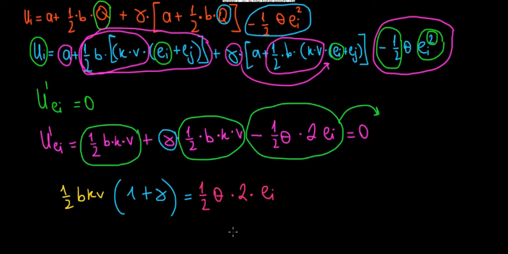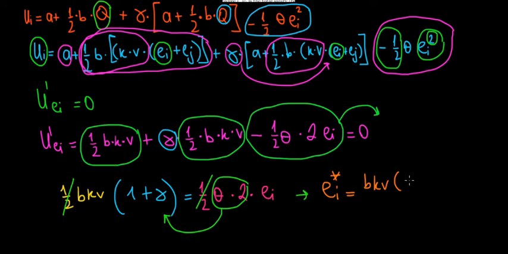Okay, now what can we cancel out here? We can cancel out 1 over 2 with 1 over 2, and we can take 2 theta to the other side. So we'll divide both sides by 2 theta, such that we find the effort of the individual. So the optimal effort is going to be equal to B times K times V times 1 plus gamma divided by 2 theta, and that will be it.